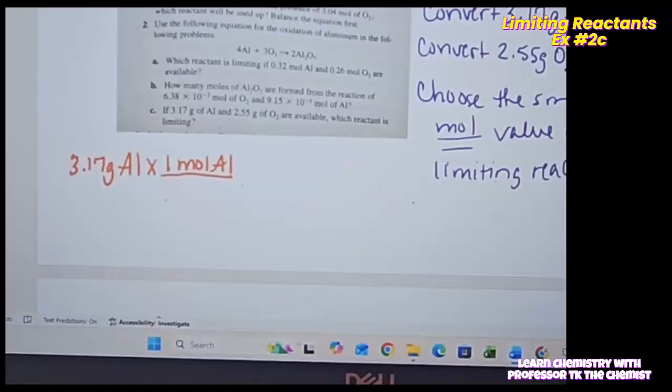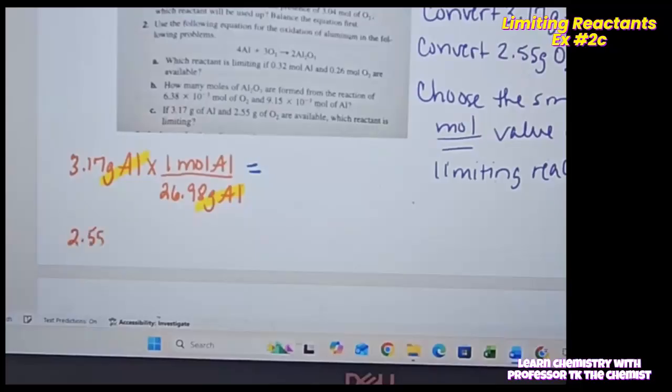So if you look at your periodic table, the molar mass for aluminum is 26.98 grams. You're going to see that value. Cross out your grams because you don't need that anymore. Get that number. And then you're going to do the same thing for the oxygen.